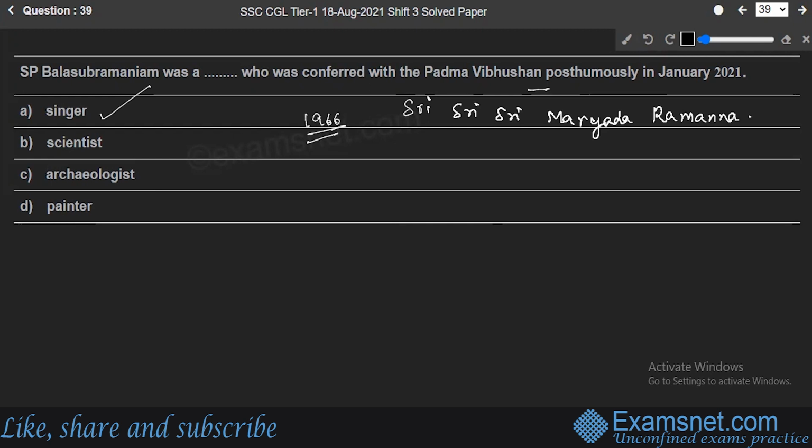He has sung about unimaginable 40,000 songs in 16 languages. And the languages were like Telugu, Tamil, Malayalam, Kannada, and Hindi.